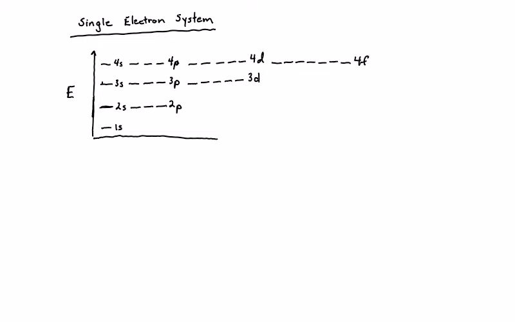Okay, so in the case of a single electron system, the relative energy is mostly dependent upon the principal quantum number.